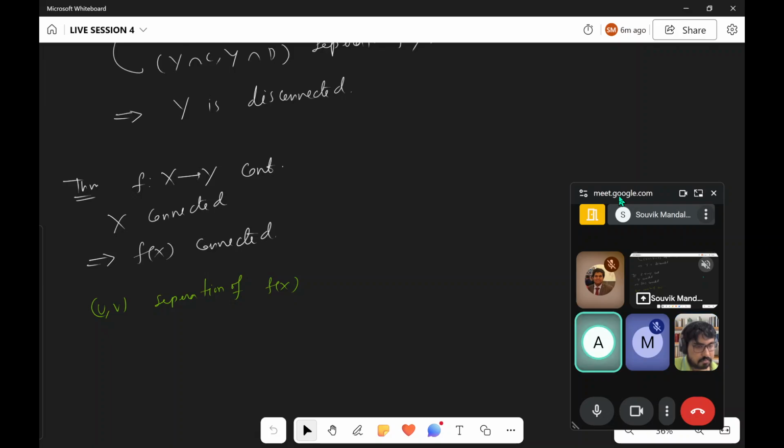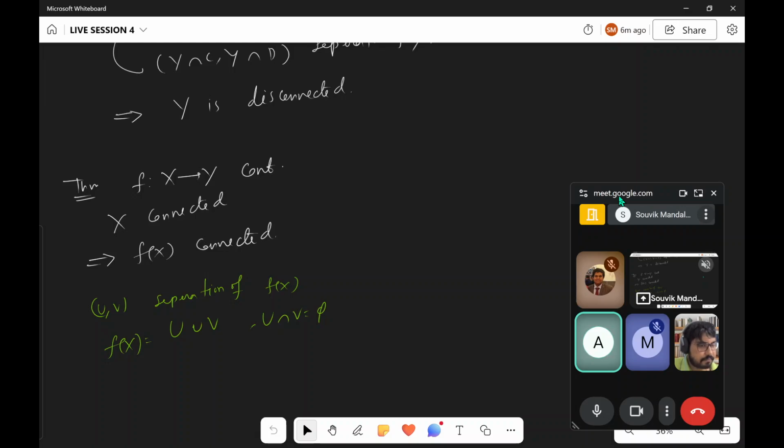As U, V is a separation of f of X, I can write f of X as the union of U and V, and the intersection between U and V will be the empty set. So there is some element in their intersection, and I'll choose that element as some x.